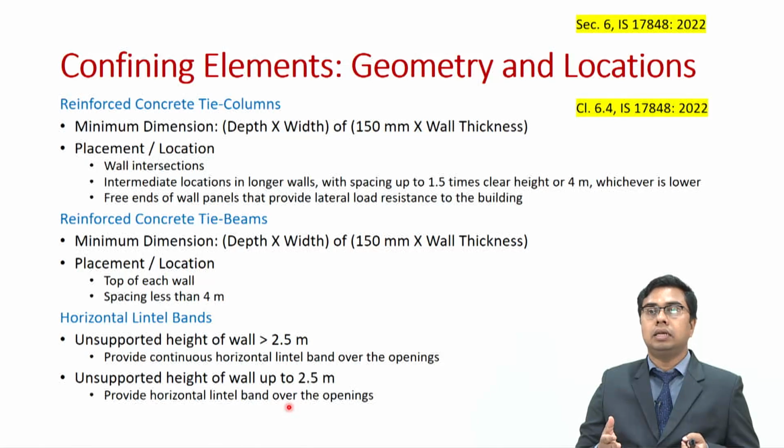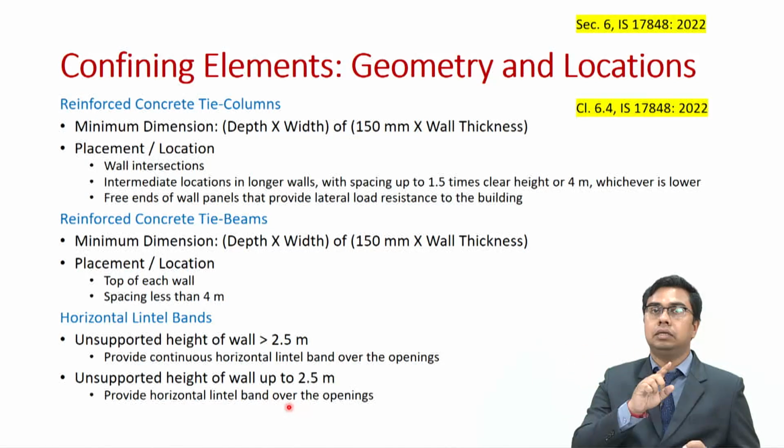Usually you will find that the door height is 2 to 2.2 meters only. So, in most of the cases, if you provide a lintel band over the openings, that should be sufficient. But if your opening is going up to, let us say, 2.5 meter, then you must provide a continuous horizontal lintel band. The lintel band should be continuous in that case.